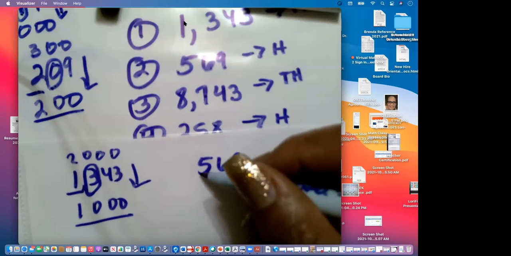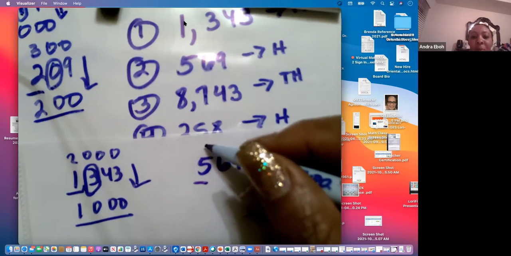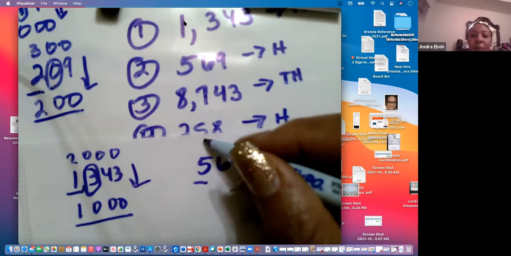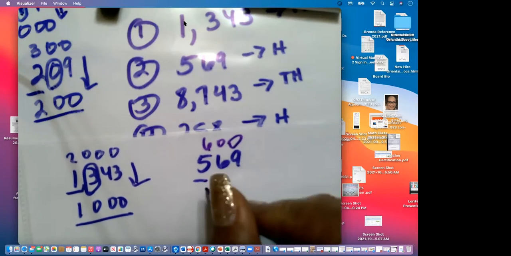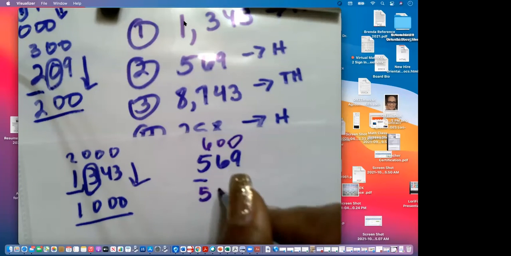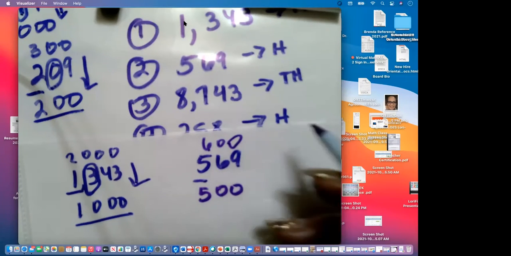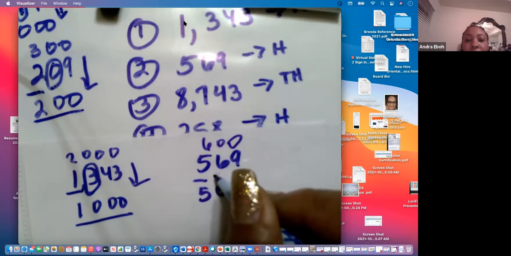All right, what number in our hundreds place is 5, right? Oh, sorry, 5. Right, what's 100 more than 500? 600. And what's 100 less than 600? 500. Okay, so our range is between 500 and 600. We're going to look at the number to our right, which is 6.